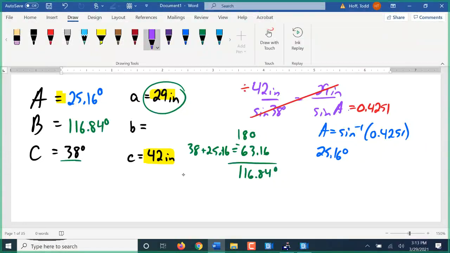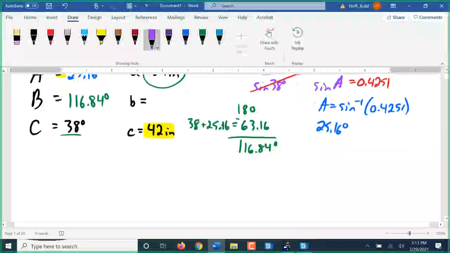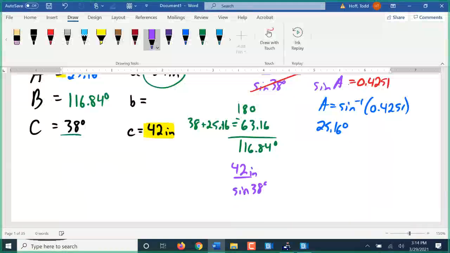And to find side B, well, we go back to our 42 inches over the sine of 38 degrees, over the sine of 116.84. Now, I've told you before, we always try to go back to original information. When we get into these problems, there's going to be at least one piece where we have to use something we've already calculated.